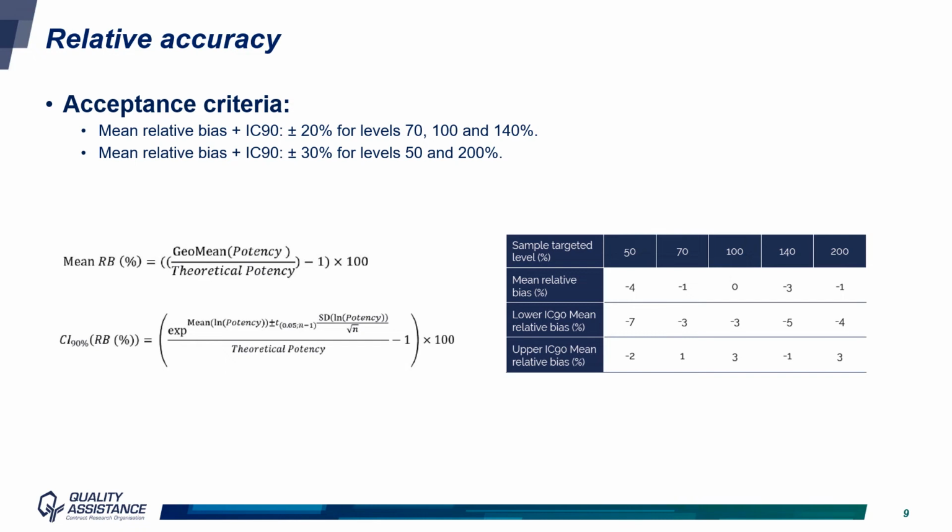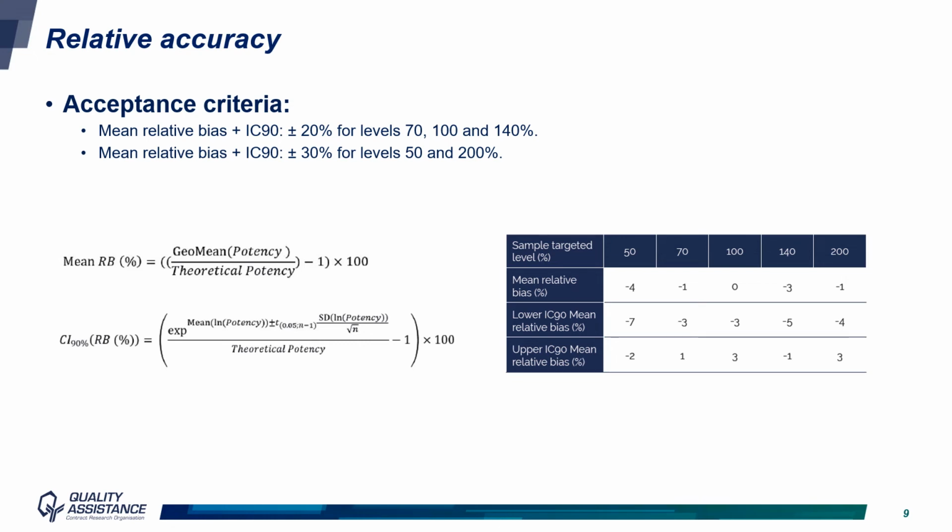The relative accuracy was determined by measuring the relative bias for each determination. The mean relative bias and 90% confidence interval were computed for each level using the 2 following formulas. The table below presents a summary of the result obtained for the relative accuracy assessment.